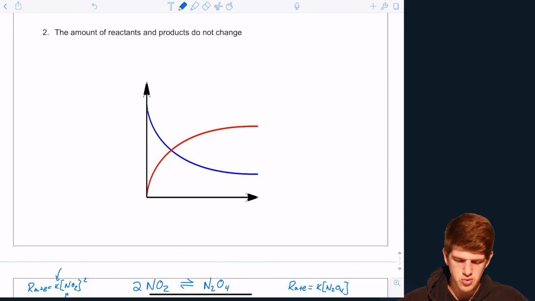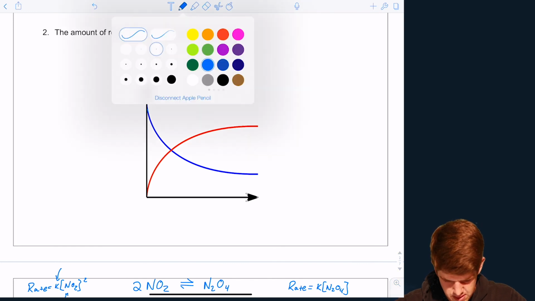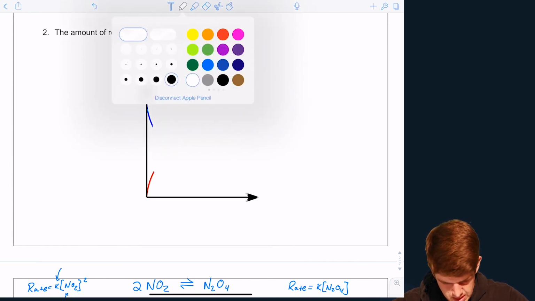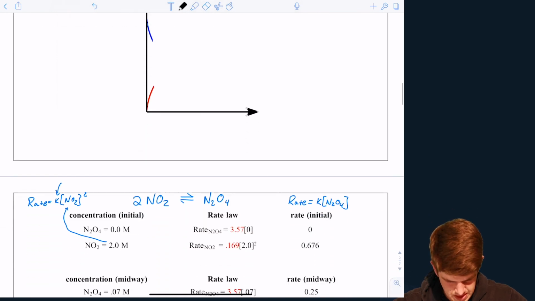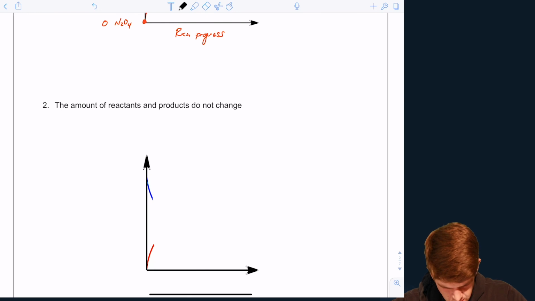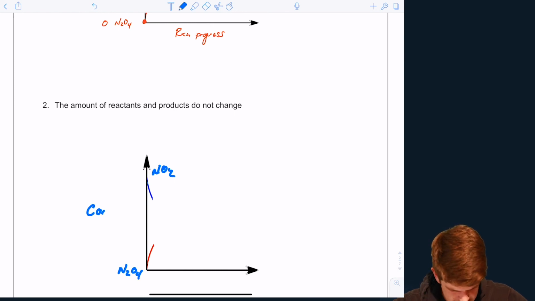Now, this graph is going to be slightly different. Let's just do this real fast. So here, let's say we're still talking about blue, right? So this is NO2. And this down here is going to be N2O4. And this is concentration.